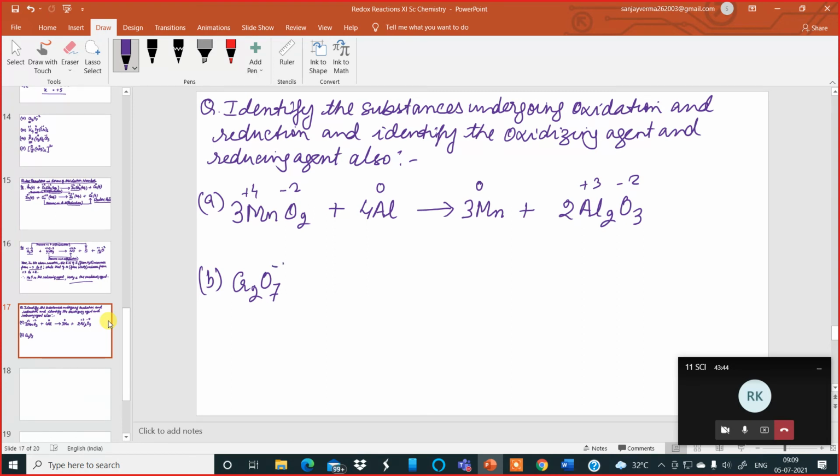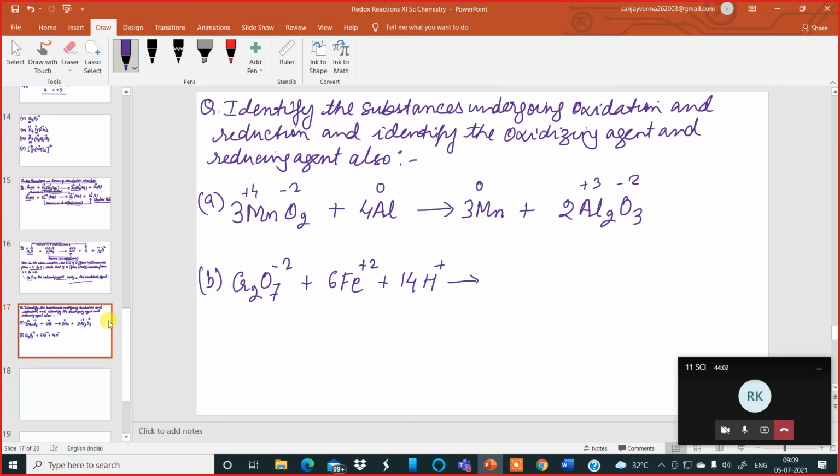Cr2O7 2- dichromate ion plus 6 Fe2+ plus 14 H+ ions.